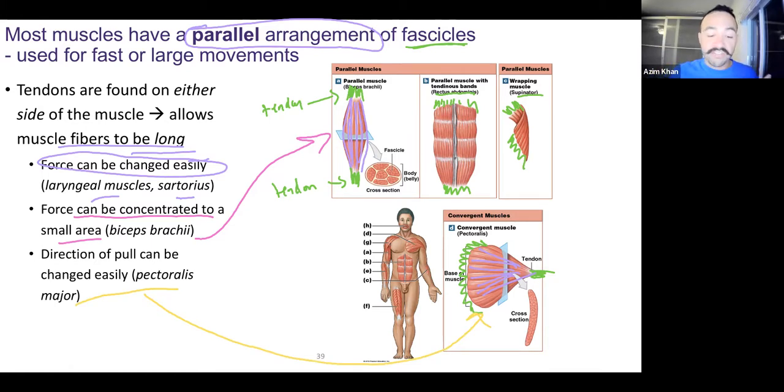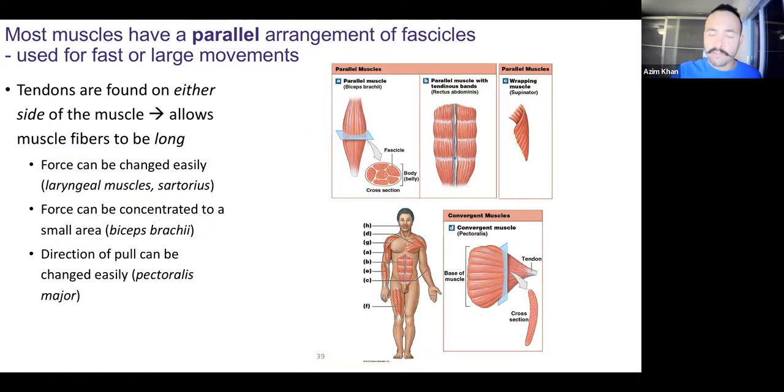So there's advantages to having fascicles that are arranged in a parallel way. There's other terms here to describe different types of parallel, like these tendinous bands and wrapping or convergent. I'm not going to test you on that. We'll focus on how they're all parallel. The fascicles are arranged in a parallel way.